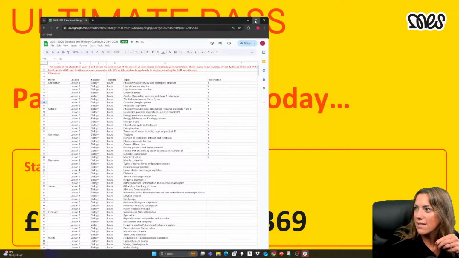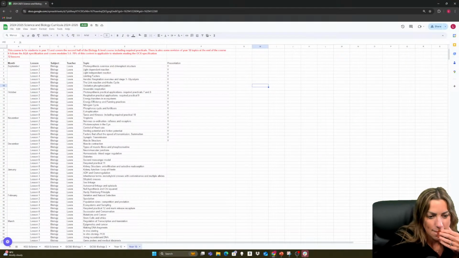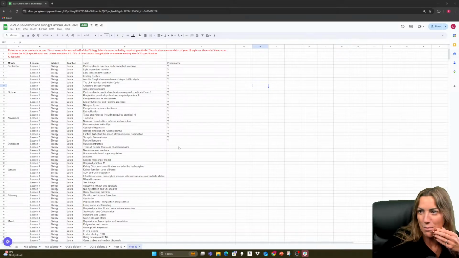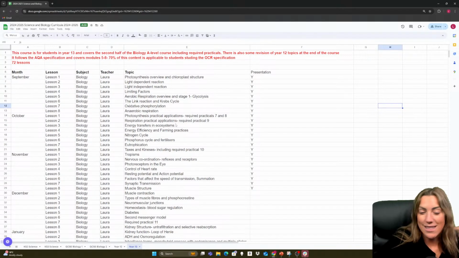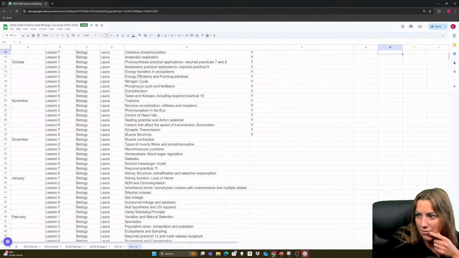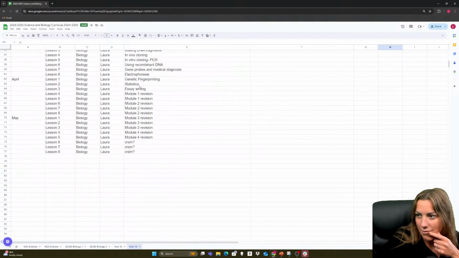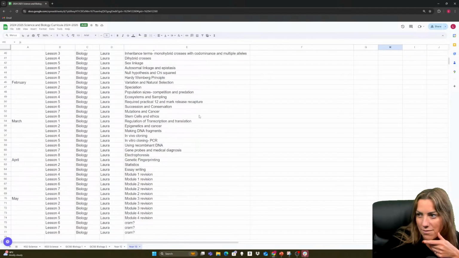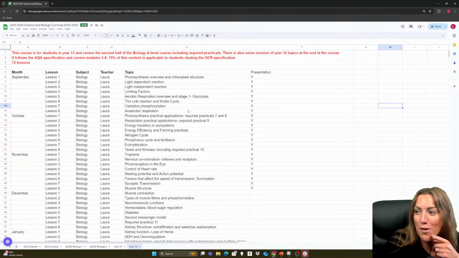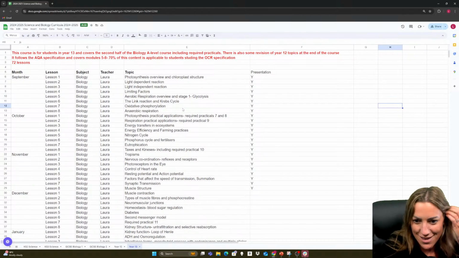Can you see this? I don't know, it's probably too small. Let me make it bigger. You can see we've already done a lot of planning. So yeah, you go through the whole course, even the required practicals.